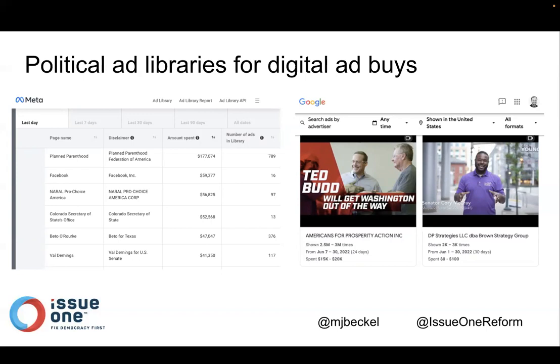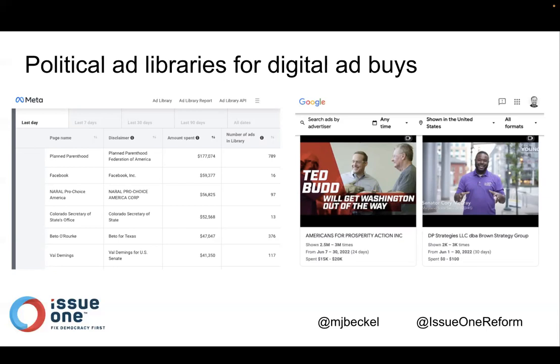There's a lot of information to dig into in terms of searching for a specific candidate being targeted or a specific group starting to run ads in a race that you care about.